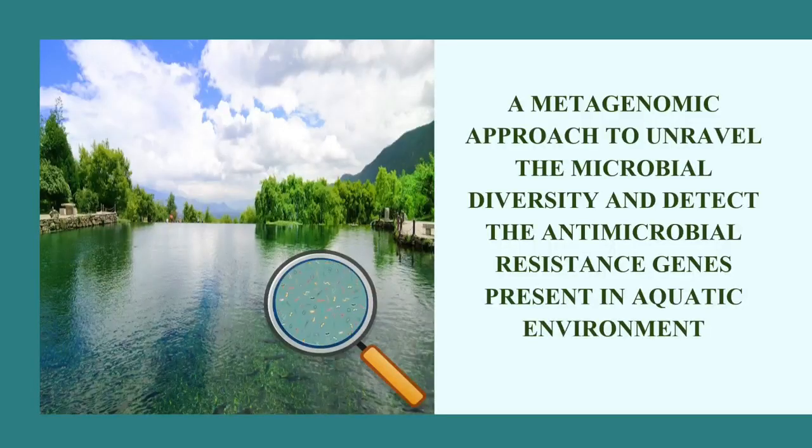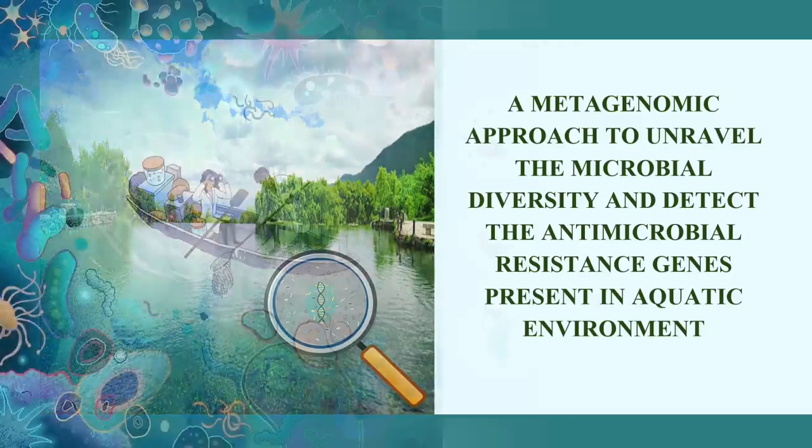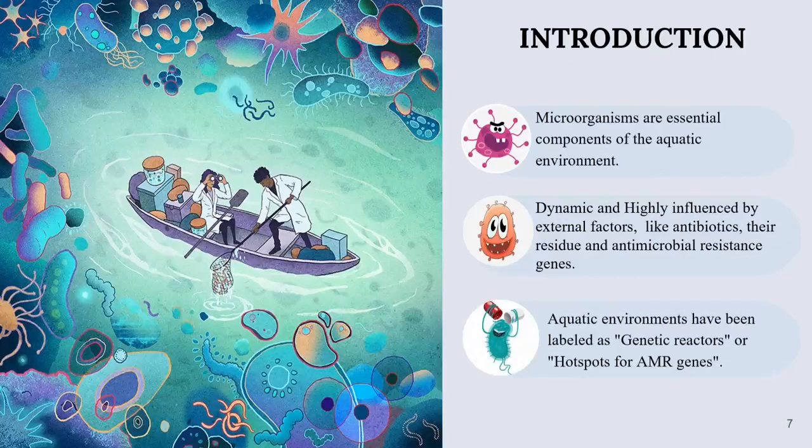Moving on to our topic, let me introduce our title to you. A metagenomic approach to unravel the microbial diversity and detect the antimicrobial resistance genes present in the aquatic environment. Microorganisms are the essential component of the aquatic environment and are responsible for various biogeochemical processes.